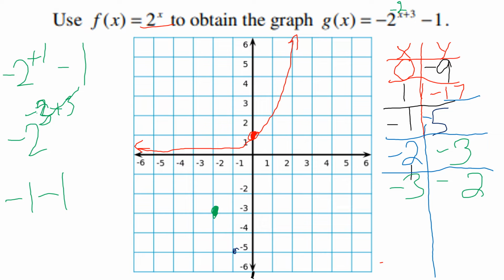So with that being said, I can finally draw my graph. You don't have to be perfect or anything like that. All right. Now we pretty much drew the graph out. Again, that's without decimals.